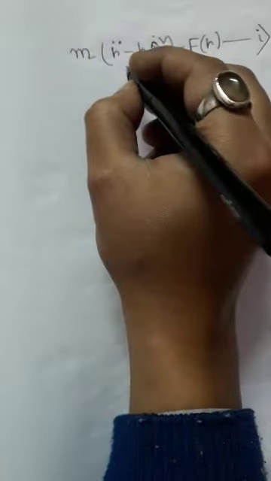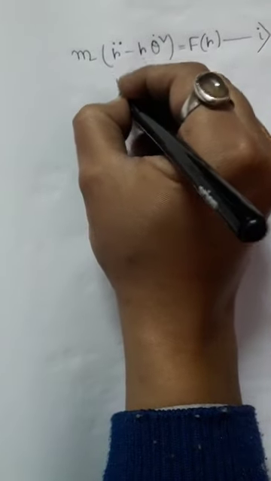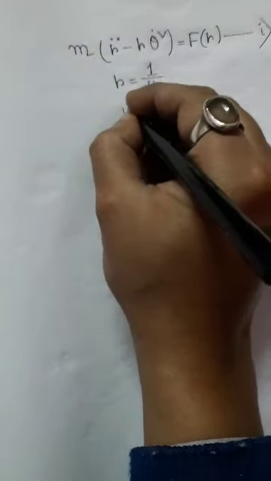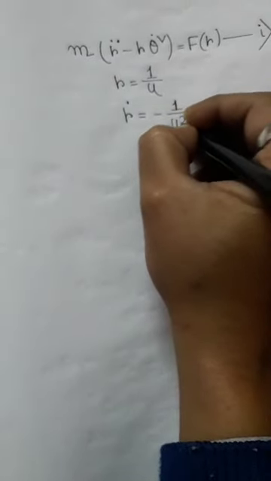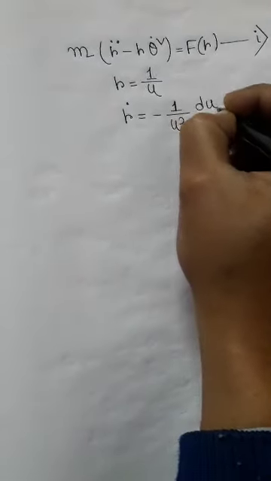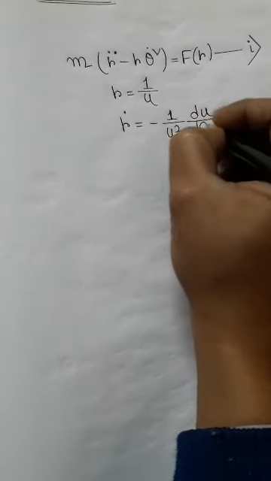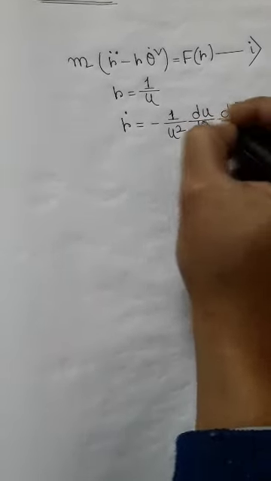Now let r equal to 1 by u, that is, we have to replace r by a new variable u such that r equals 1 upon u. So what will be my r dot? My r dot will be minus 1 by u square du dt, that we can write as du d theta into d theta dt.